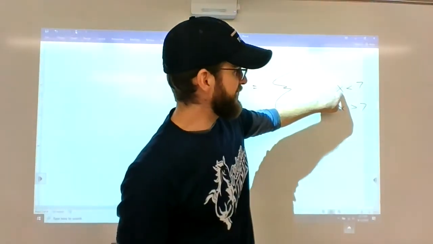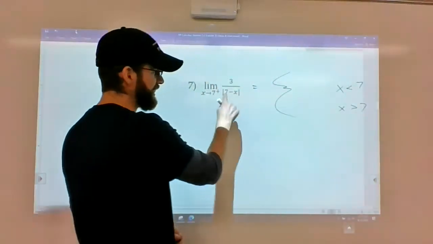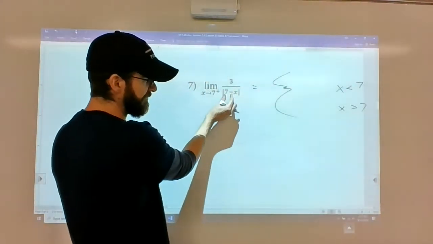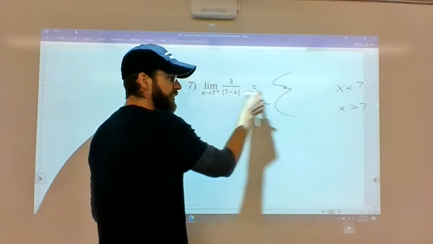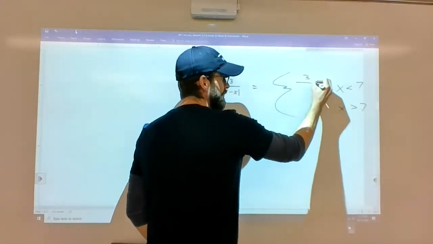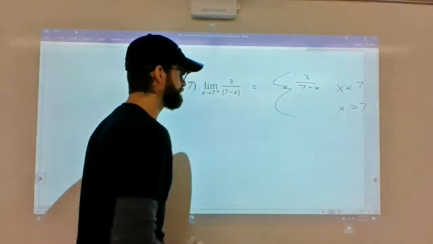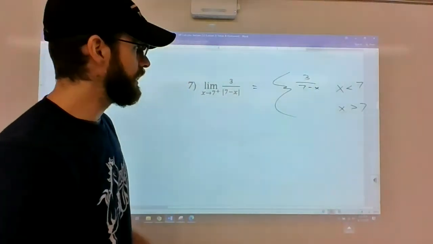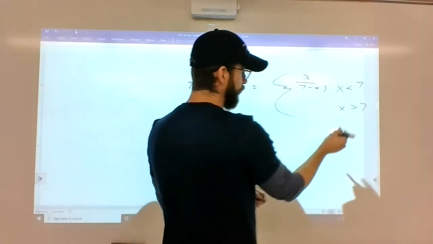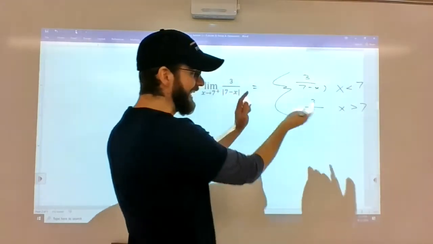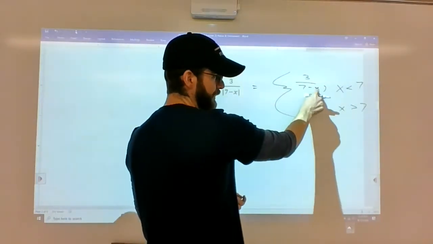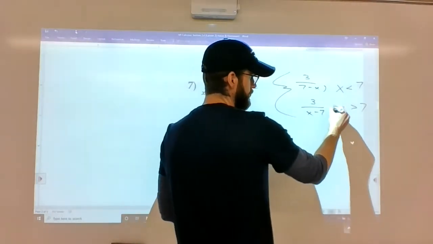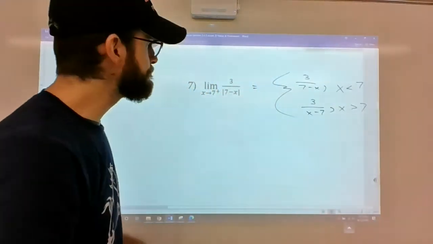Pick something less than 7. Say 0. 7 minus 0 is a positive value. So this will manifest the positive version of 7 minus x. This, therefore, will manifest the negative version of it, which is negative 7 plus x, or x minus 7.